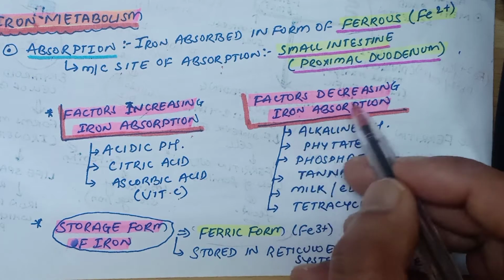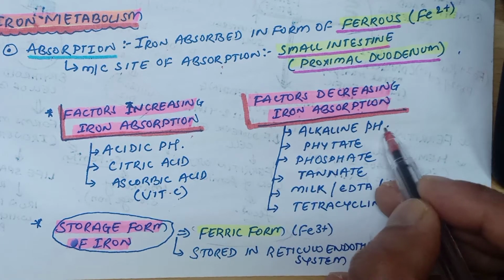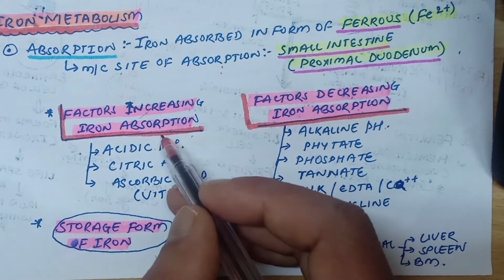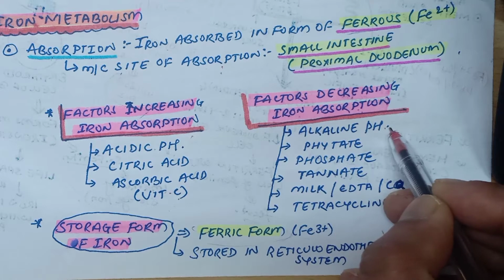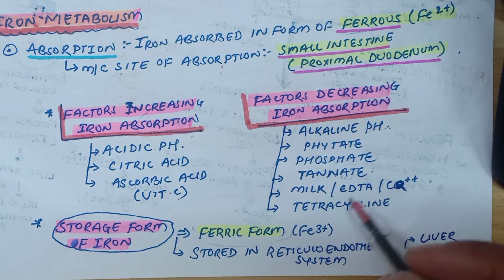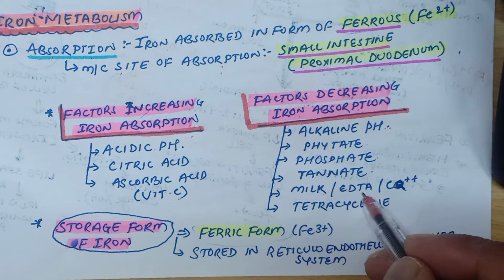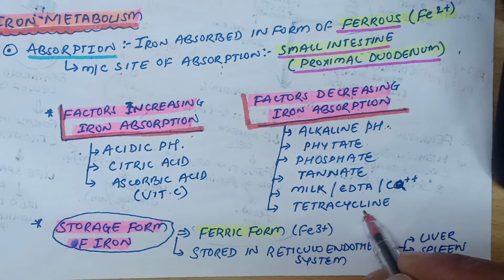So factors decreasing iron absorption are alkaline pH. Acidic pH will increase iron absorption, whereas alkaline pH will decrease iron absorption. Iron absorption can be decreased by phytate, phosphate, tannate, milk, EDTA, calcium, and tetracycline.